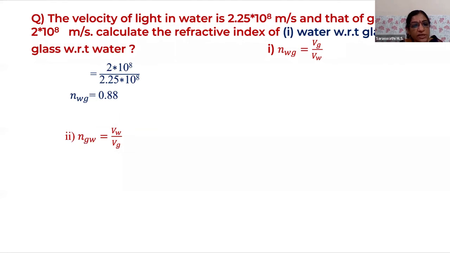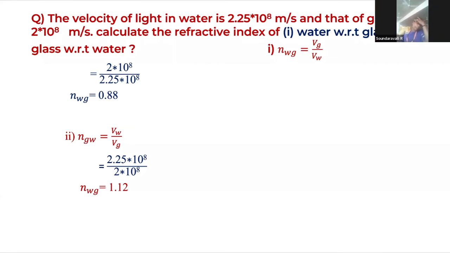So velocity of light in water divided by velocity of light in glass, which will be 2.25 into 10 to the power 8 by 2 into 10 to the power 8. Clear? So this is how you do when you are comparing the velocity of light in two different medium. Any doubts?